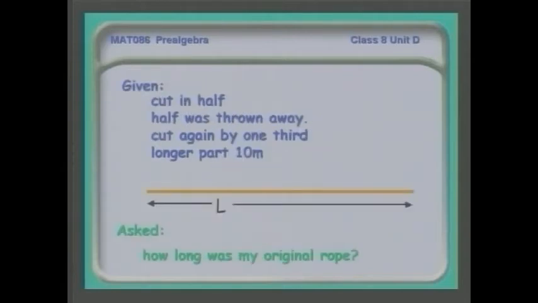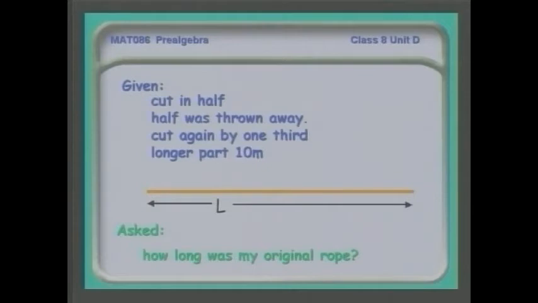Putting this in perspective, we're given that the rope is cut in half, and half is gone, cut again by 1/3, and the larger part that's left is 10 meters. How long was the original rope? Let's take this in pieces.